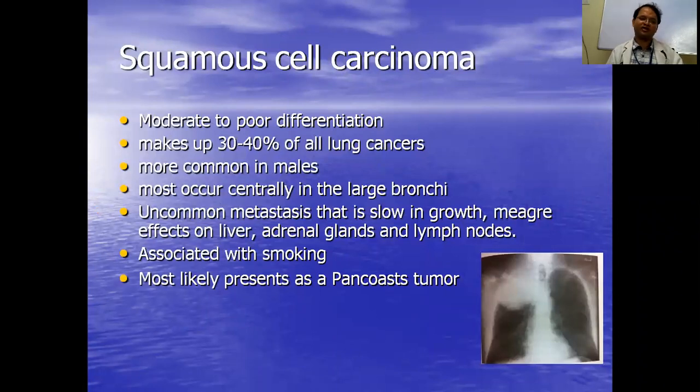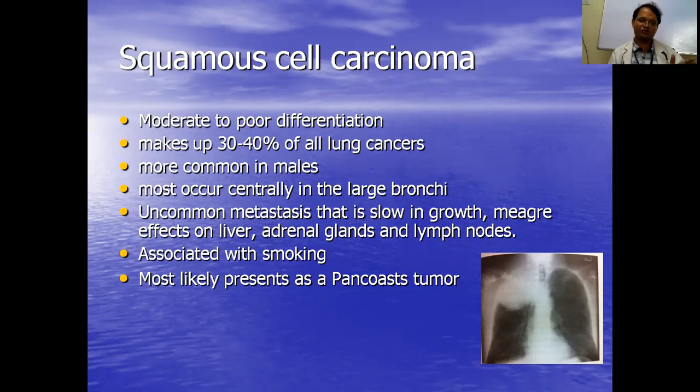Coming to the squamous cell carcinoma, they make up around 30 to 40% of the total lung cancers. On presentation, these cancers will be moderately to poorly differentiated. They are more common in males, and they are also more common in smokers. They occur centrally in the large bronchi, similar to your small cell carcinoma.